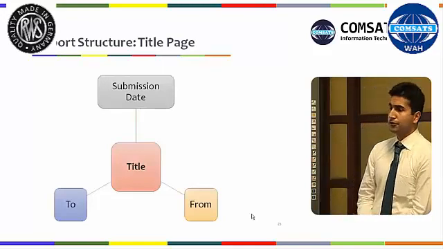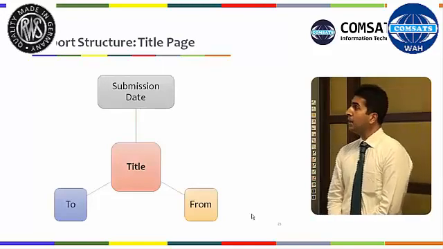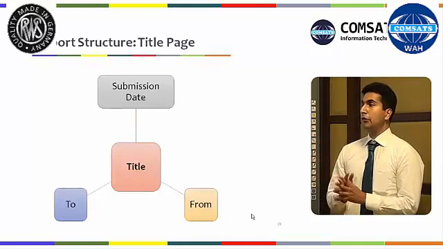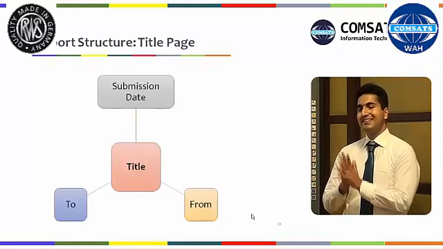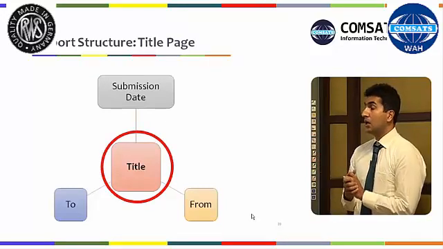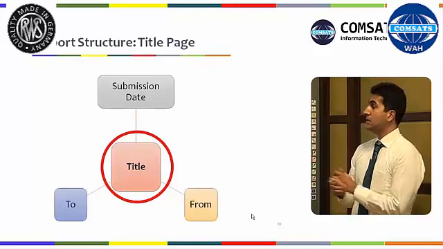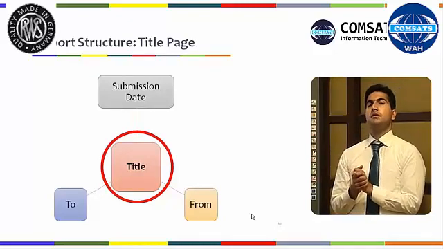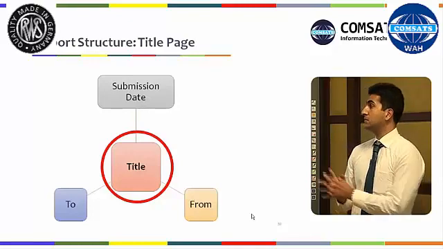So if we talk about the structure of a report, this is the beginning of your report. It should always begin with the title page. The first page is known as the title page. And what's there on the title page? These are the 4 basic components which are required to be there within the title page.